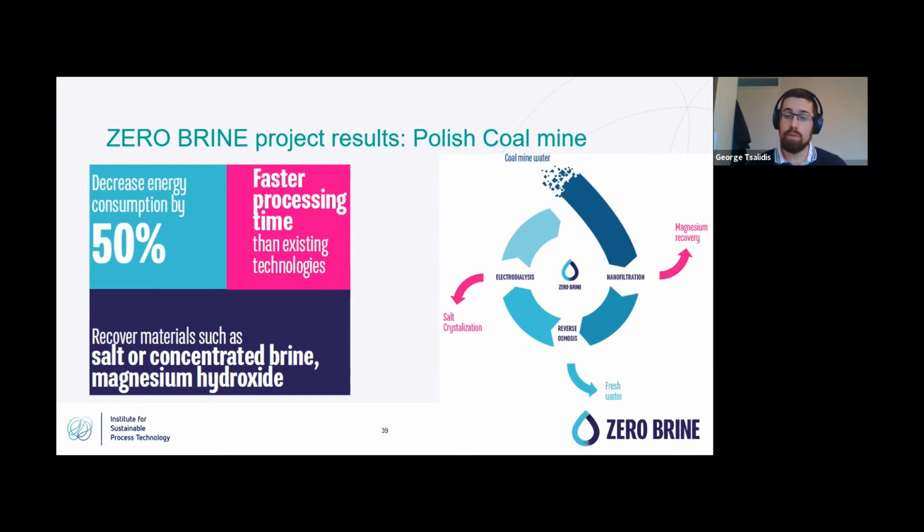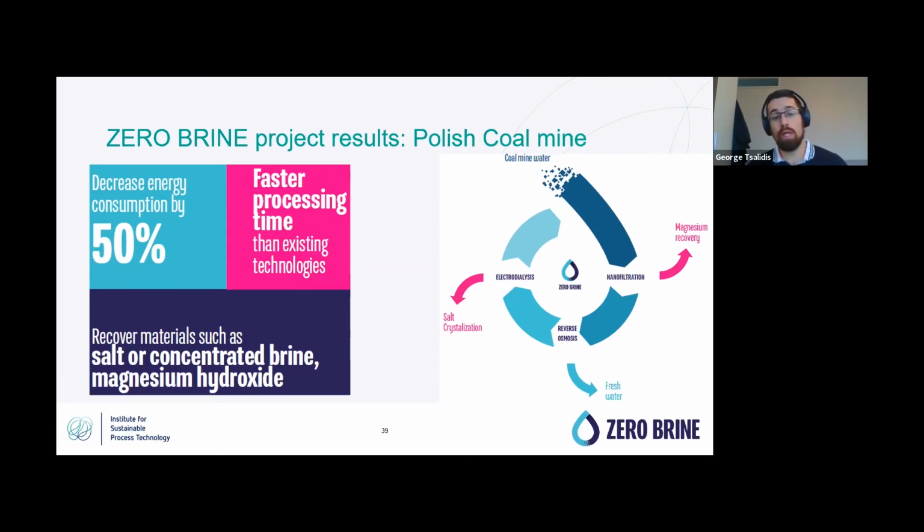In this case, coal mine water is going to be processed with nanofiltration to recover magnesium hydroxide, with reverse osmosis to recover fresh water, and electrolysis and crystallization to recover the salt.